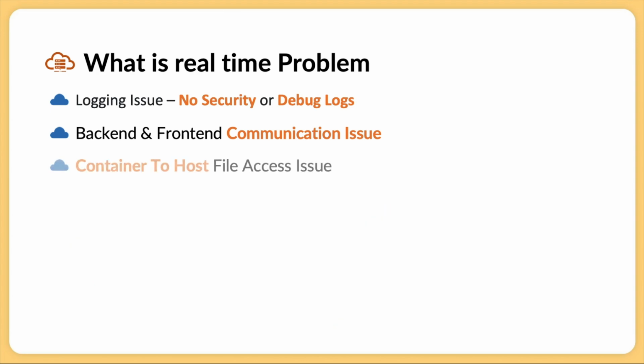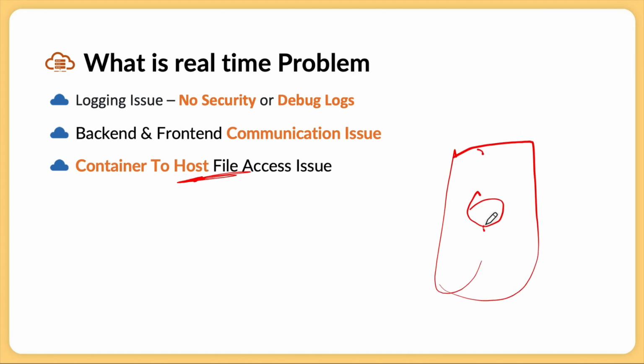The third problem is limited access to the host machine and host files. The way a container is designed, it is isolated, and sometimes you need a container to access files present on the host machine, but you cannot access data that is present on the host machine.